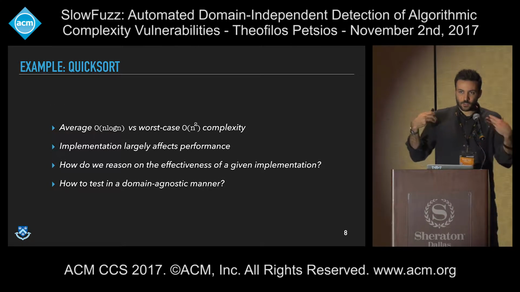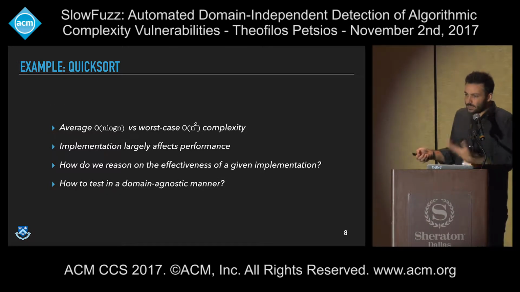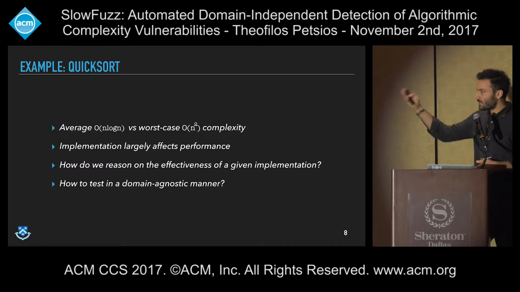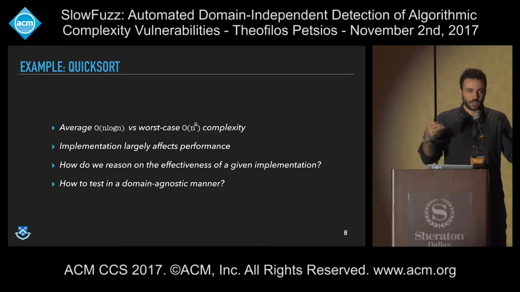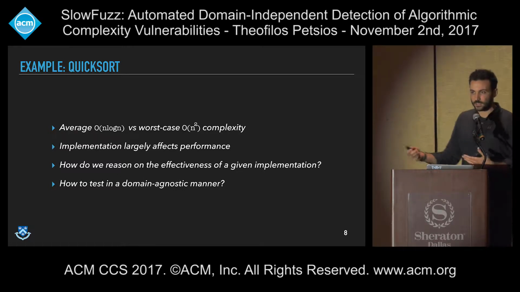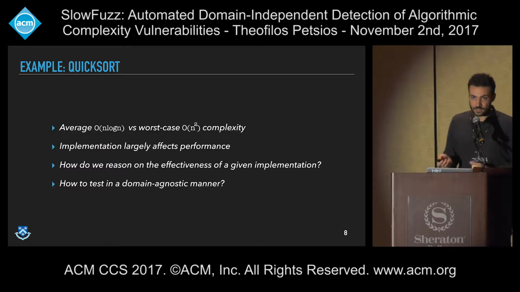But let's draw a bit from the well-known case of quicksort to see what our goals are for this work. Quicksort has a difference in the complexity of the average and the worst case. From n log n, you have a worst case of quadratic complexity. That's a big difference, of course.